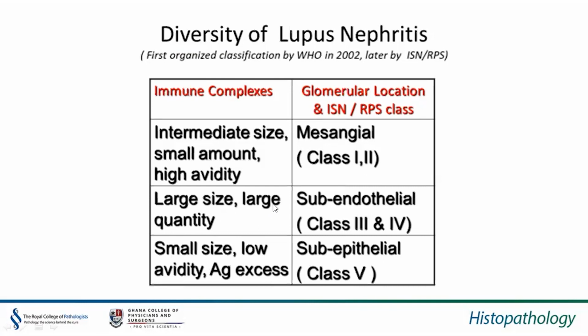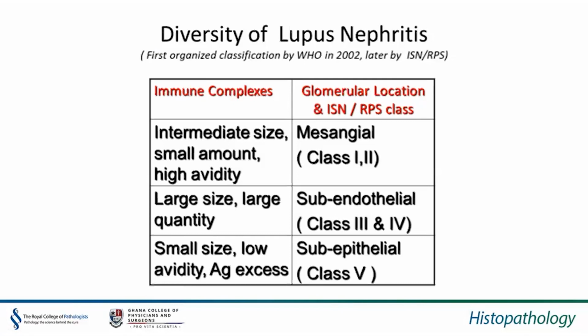Antigens of large size and large quantity will not be able to pass the fenestrations of the glomerular endothelial layer, and they will settle down in the subendothelial space, and then you get class 3 and class 4 lupus nephritis. Antigens of small size, low avidity, in the sense they are more cationic than anionic, are not repelled by the GBM.